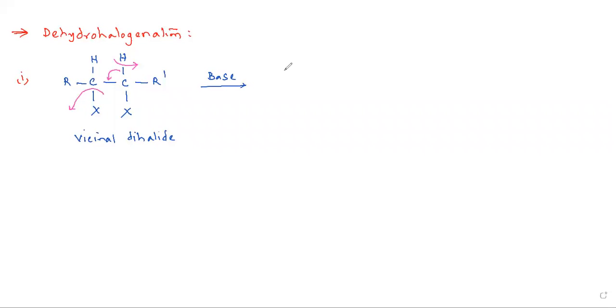Look at what happens. So we have eliminated HX. This happens very fast. I'll tell you the reasons. R dash, then the thing that is left is X. Yes, now we got a vinyl halide, right?